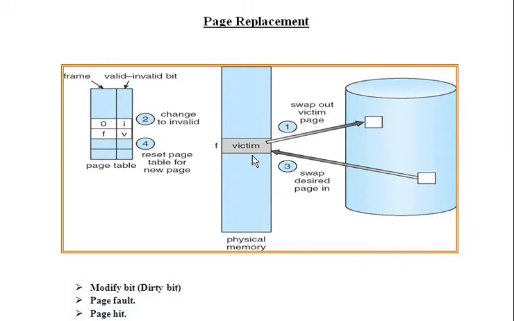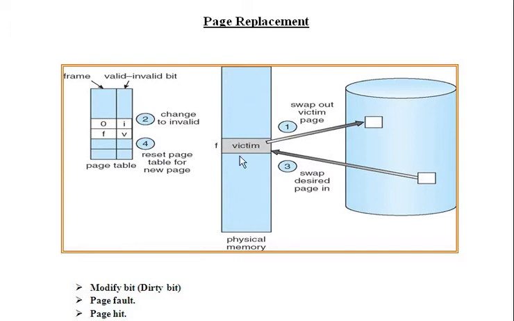It will remove one particular page, called the victim page, because this page will be swapped out of the main memory and put in a secondary memory. This has to be done because we don't have space in the physical memory.